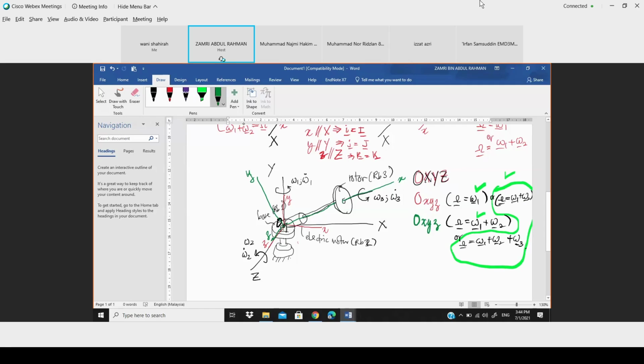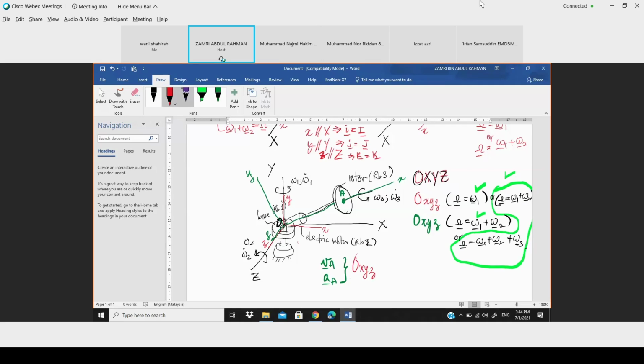Let's say the center of the disk right here, kita panggil point A. So kalau kita nak cari velocity of point A and hence the acceleration of point A, we only need to use the red color reference axis. Ya. Kalau kita nak cari, let's say the velocity of point, okay, so yang ini enough for us to use that set of reference axis.